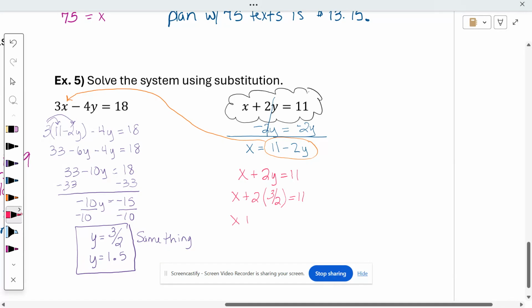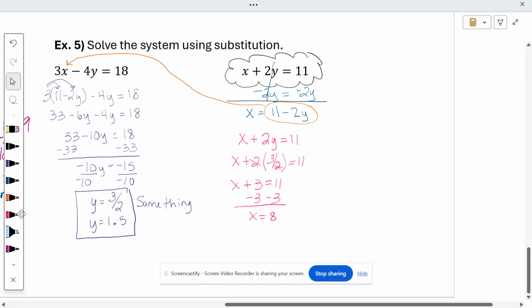That means x plus, well, 2 times 3 halves, the 2's cancel out. X plus 3 equals 11. Subtract 3 from both sides, and I find out that x equals 8. So my solution to this system is the ordered pair 8, comma, 3 halves.